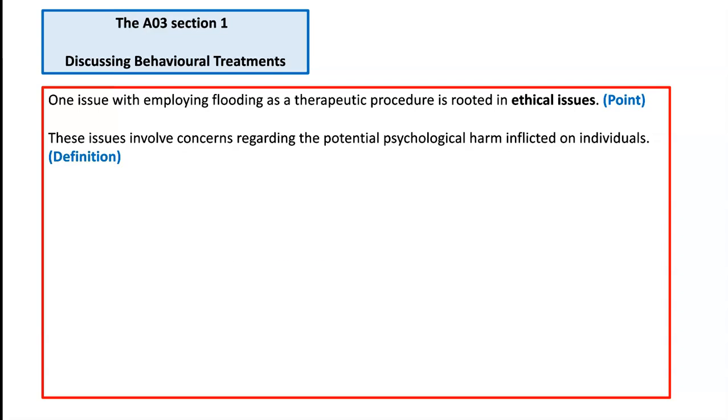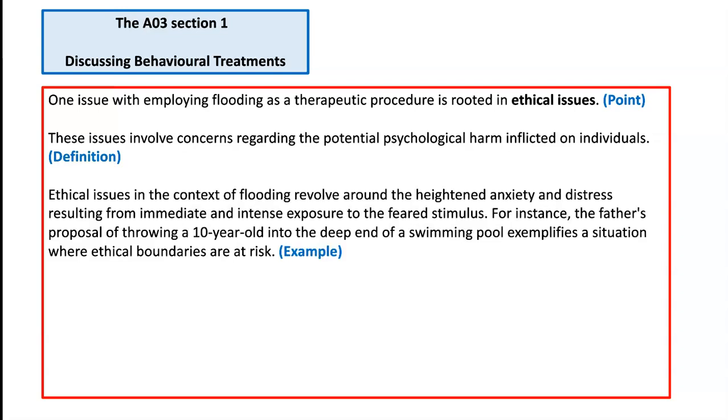Okay, then what you need to do is contextualize, or in other words, give some kind of example. So here they talk about the example of how flooding can pose some kind of trauma, anxiety, and kind of distress, for example, which again, it kind of like pushes those ethical issue boundaries, if you want to put it like that.